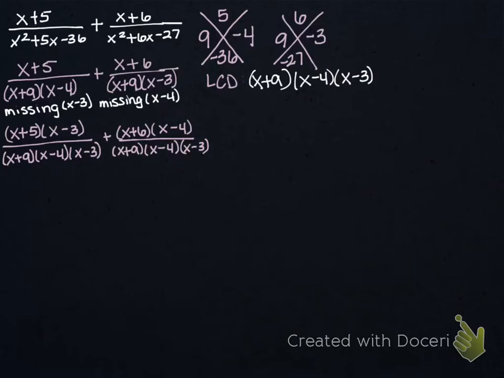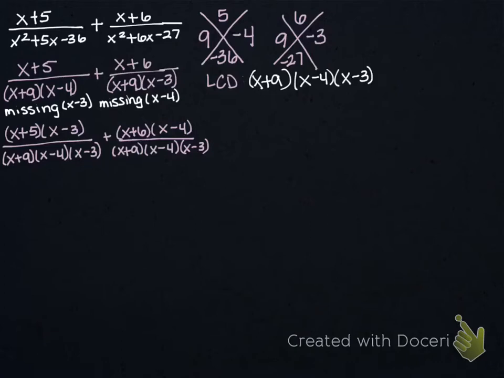Okay, so I have the same thing in the numerator and denominator. Here, and here, and here, and here. Alrighty, and I've also written the denominators consistently. That helps me keep track of what I'm doing as I go, but is not necessary.